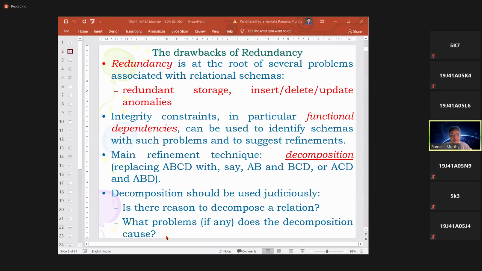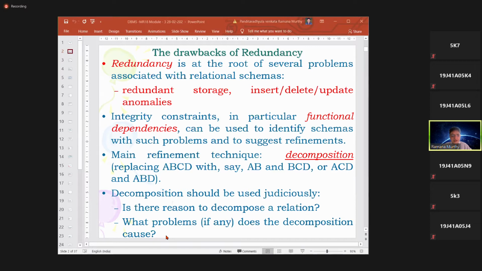What is the meaning of decomposition? Let's say we have an ABCD table. Based on the functional dependencies, in creating the integrity constraints, it may identify some problem and ask us to go for refinement. The refinement we can do is that the table ABCD can be divided into AB and BCD, because here one column must be common.